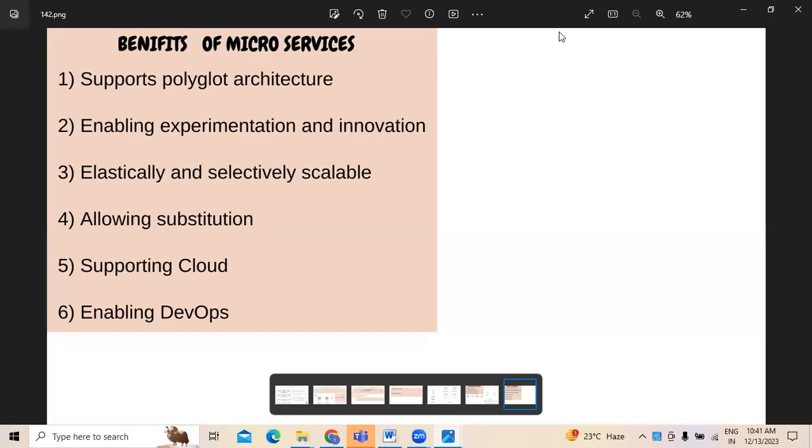The next thing is about supporting the cloud. As you know, incorporating cloud services is what we are doing nowadays, right? We are implementing cloud-level implementation due to infrastructural challenges as well as cost.